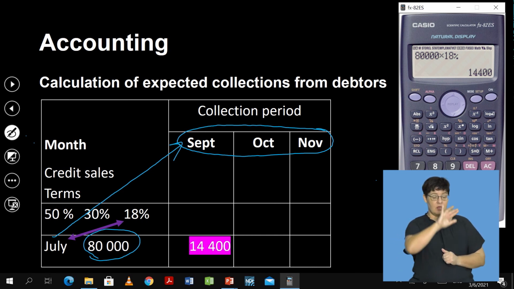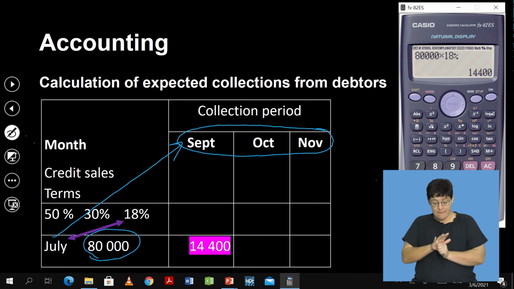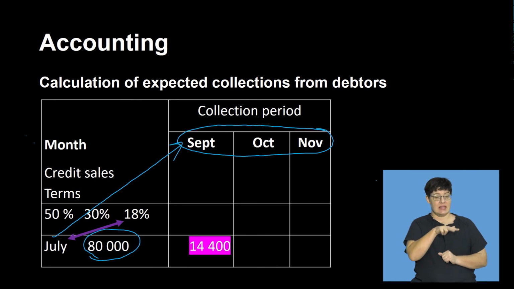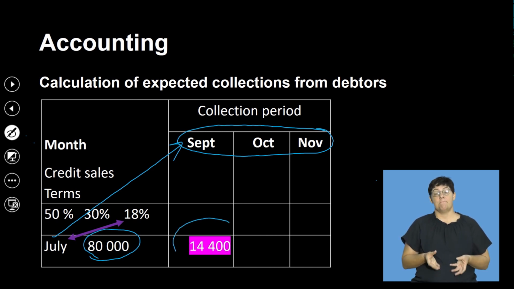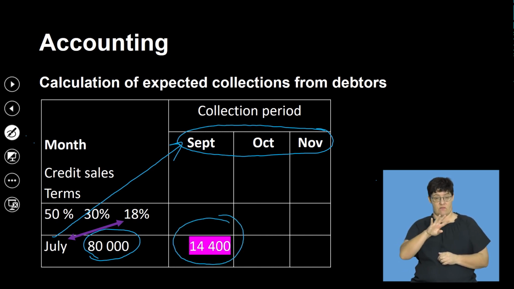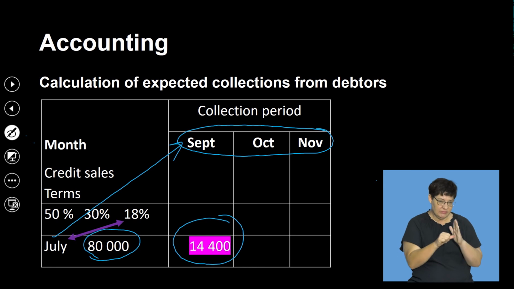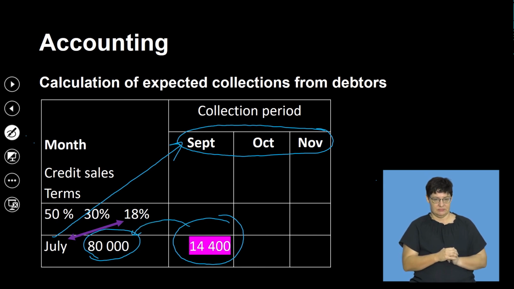July sale impacting in September. You can see July is the 18%, and therefore in my debtors collection period, I'm anticipating to receive an amount of 14,400. Can you see? It's based on my July credit sale, guys, important. Okay, you see that. Good.